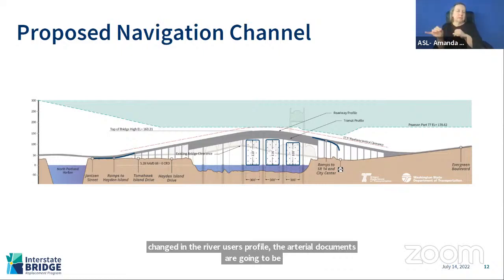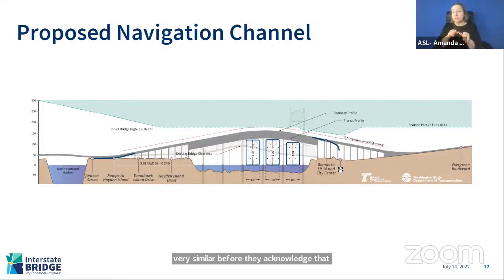Before, they acknowledged that we could mitigate for the businesses that had a need upstream. This time they are not acknowledging that mitigation. So that's a change in their processes, but the arguments are going to be the same.